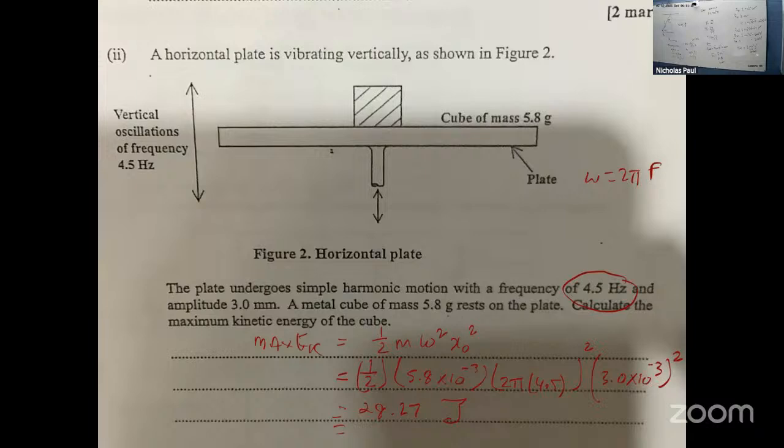What's the final answer? 2.09 by 10 to the minus 5. Alright, nice. 2.1 by 10 to the minus 5 joules. Okay, nice. Let's go again.